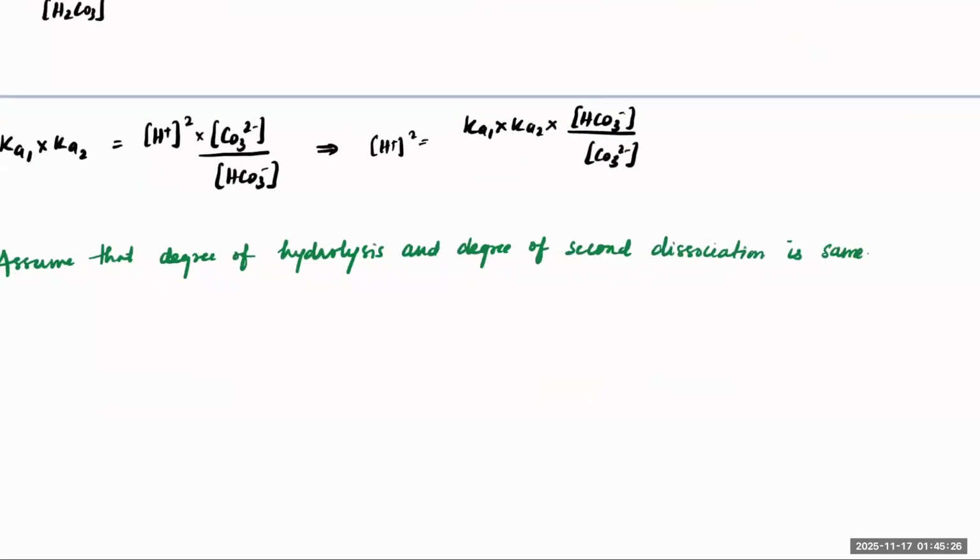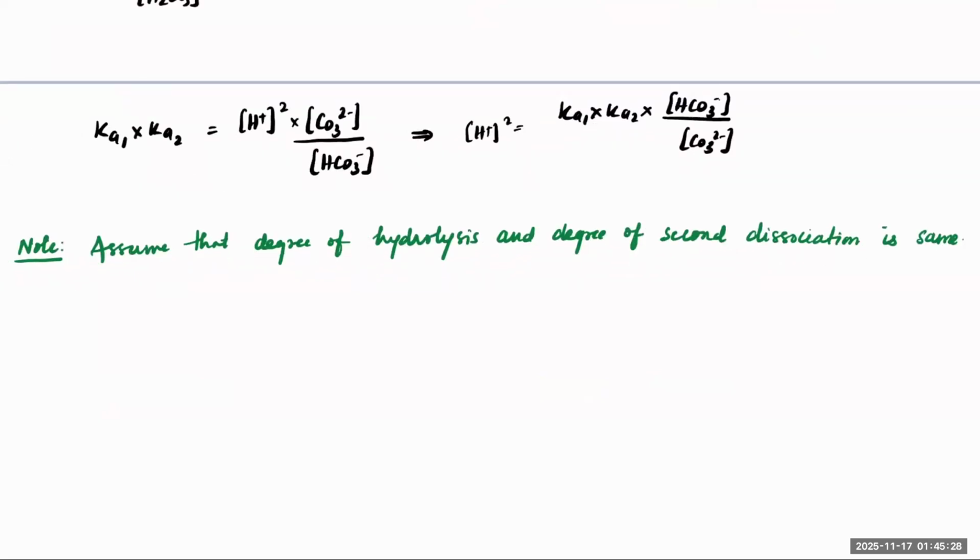So if we assume these two are same, then the degree of hydrolysis, that is how much amount of degree of hydrolysis we have here, h, is equal to alpha. This is the assumption we are talking about.